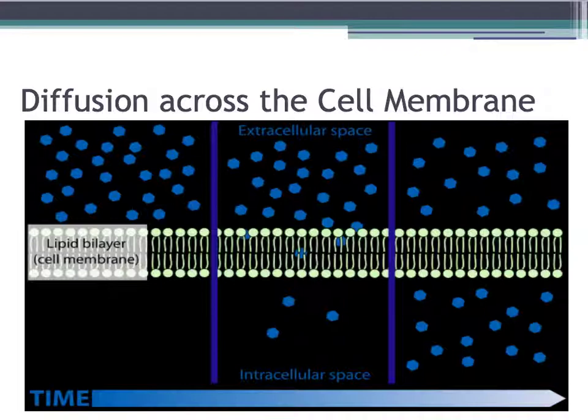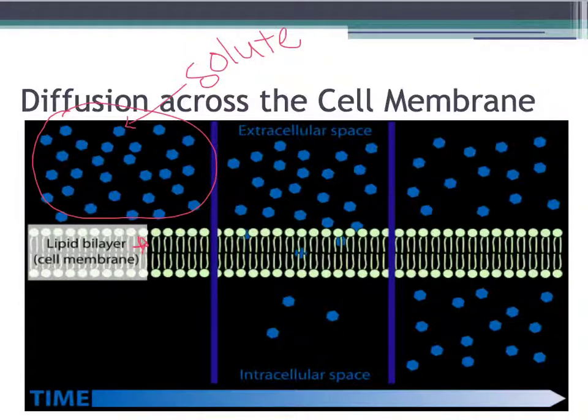All right, so let's look at diffusion across the cell membrane, remembering that the cell membrane is what's going to regulate that. And we have our lipid bilayer here. We have an area of all these solutes, these blue dots, in a solvent, which would be the black. There's an area of high concentration, and diffusion tells us that things are going to try to equalize and balance so the concentration is the same.